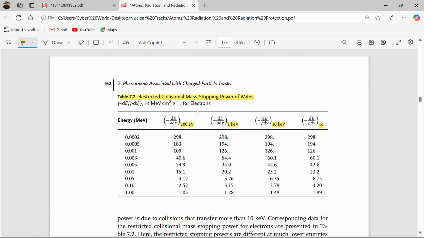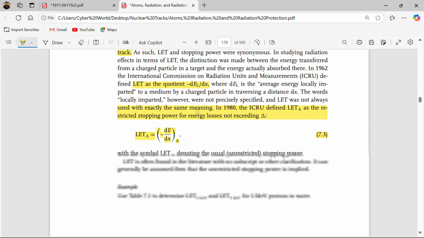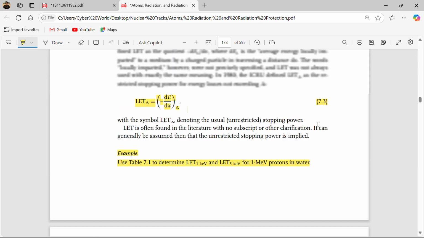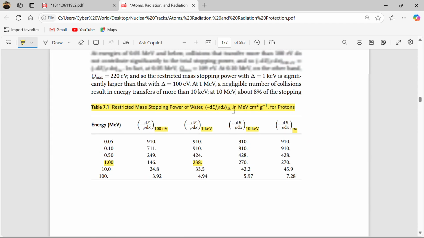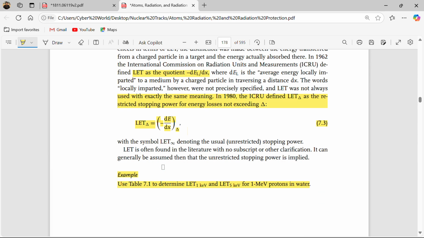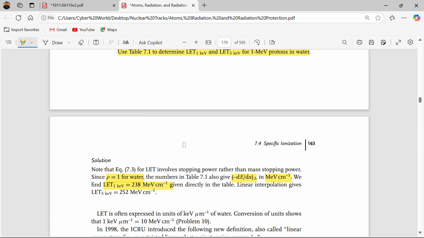Similarly, for 1 mega electron volt, energy 1 mega electron volt proton in water, the value is 238. Understood? Similarly, you can see for others.